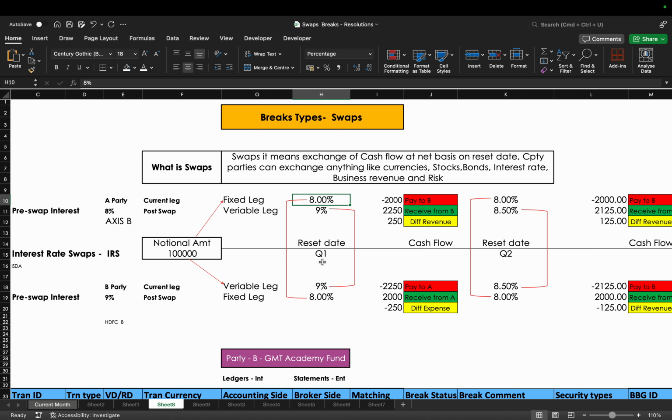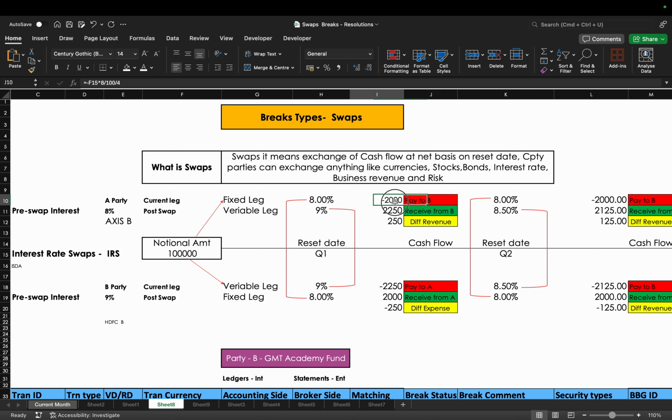All right. Let's talk about that part. Once you reach the reset date or settlement date of this contract, we'll compute the interest payments on the notional amount, whatever notional amount was decided or pre-agreed.